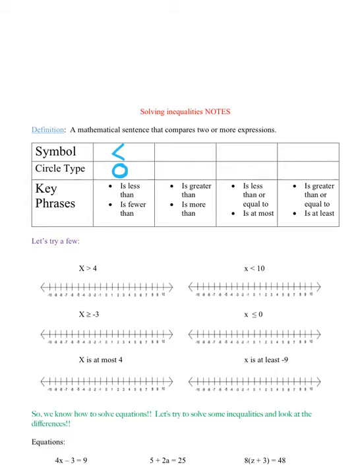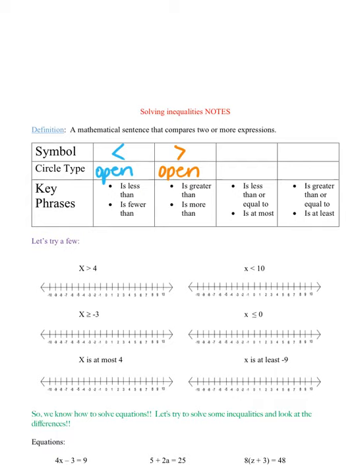So let's actually write the word open. Okay. Now, "is greater than" or "is more than"? Our arrow is going to go, oops, gosh, I'm already this way. And our circle type is also going to be open. Okay.